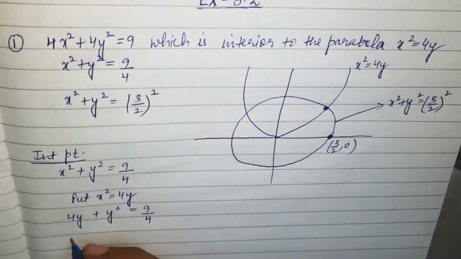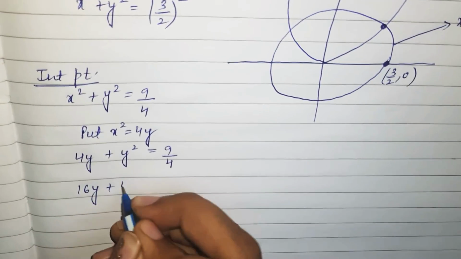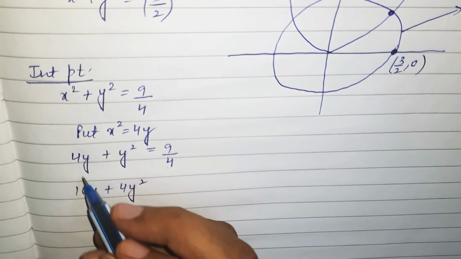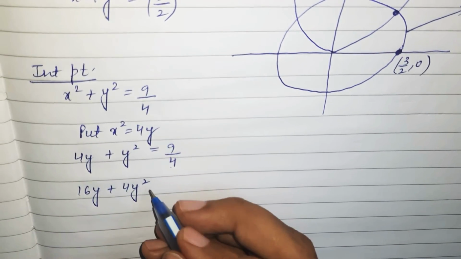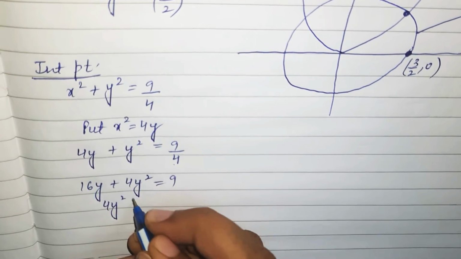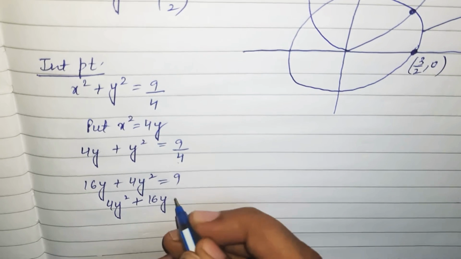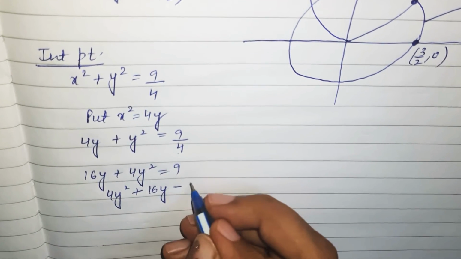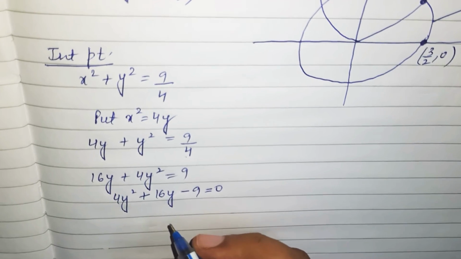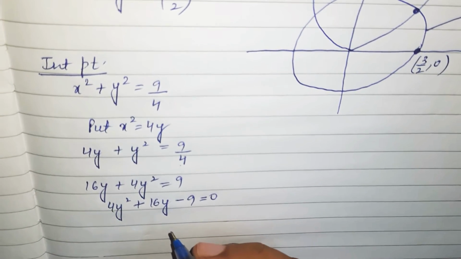So I am getting 16y plus 4y square. This 4 into 4y is 16y and this will become 4y square equals 9. So 4y square plus 16y, then we will be having minus 9. So if I'll talk about 9 and 4, 9 4s are 36.